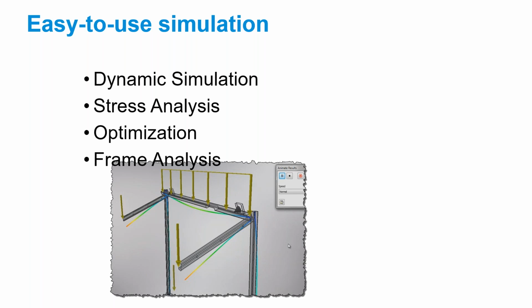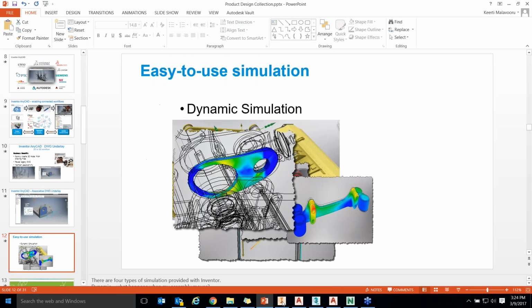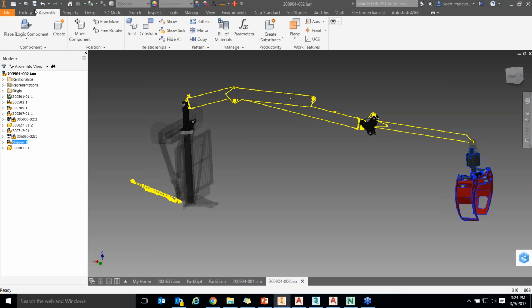And finally, you can also go ahead and do a frame analysis on any of your structural members, where it calculates it as a beam element and very quickly, in a fraction of a second, gives you the best of the results in terms of its bending and in terms of the stresses that are applied at various loading conditions. So one such optimization, let us go ahead and look at that.